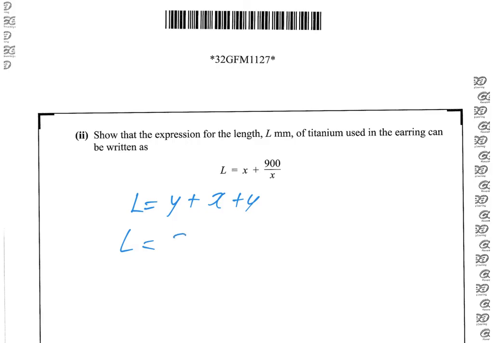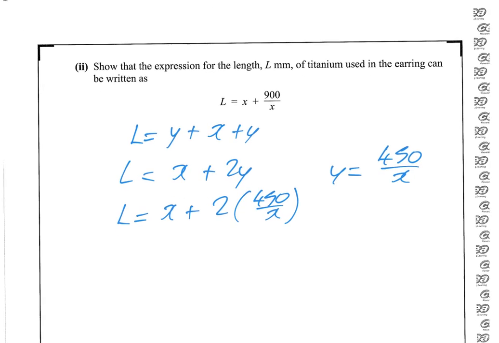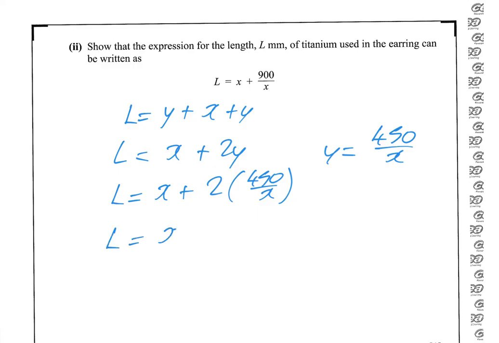You could say your length is x plus 2y. And we already know that y is equal to 450 over x. That means L is equal to x plus 2 times 450 over x. So L works out to be x plus 2 times 450, which is 900, over x. And that is it done.